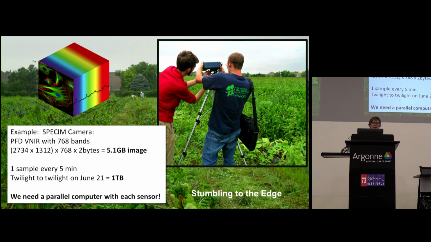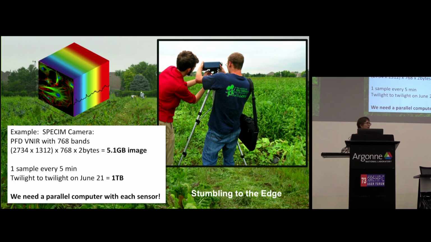Each sample is about a 5 gigabyte cube image. We wanted to sample about every 5 minutes, and we had students out in the farmer's field taking samples. We realized that we basically needed to move a parallel computer out to the field to be able to analyze this amount of data.